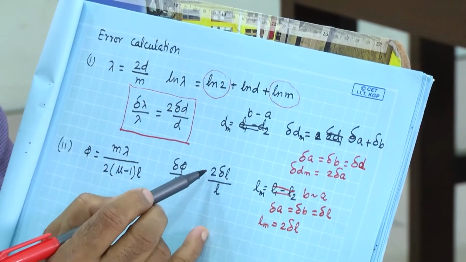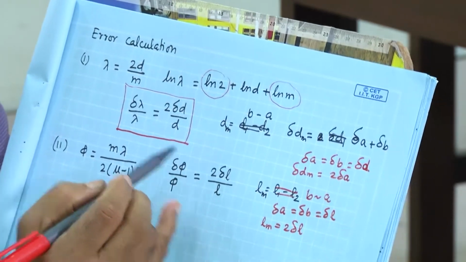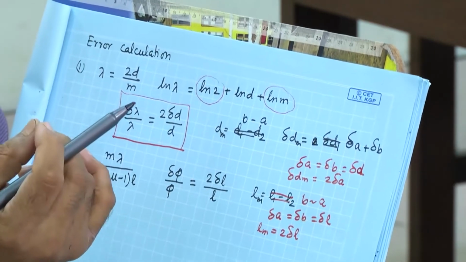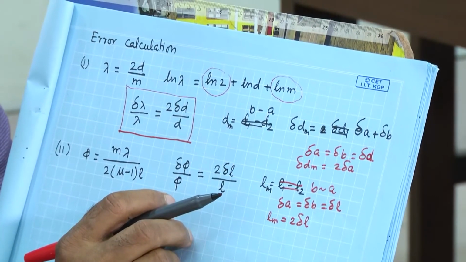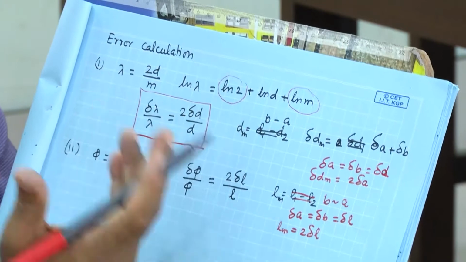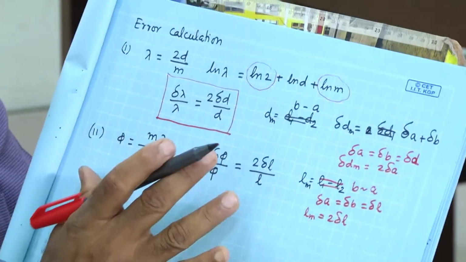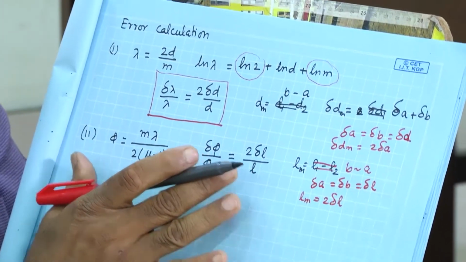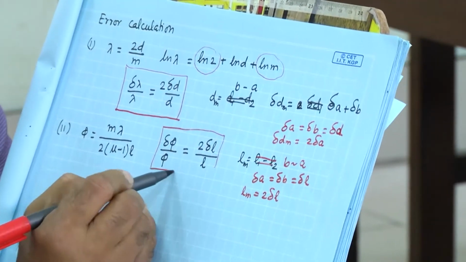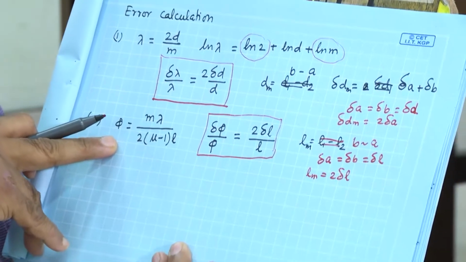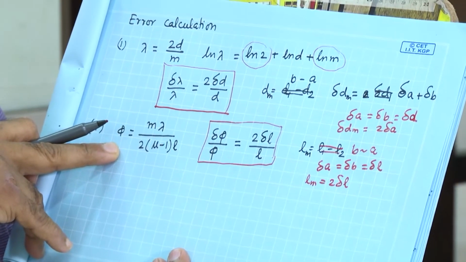So, it will be 2 delta L, 2 into the least count of the translation stage, because the least count I know. So, this is the formula you will use for the error calculation to find out the base angle of the biprism.